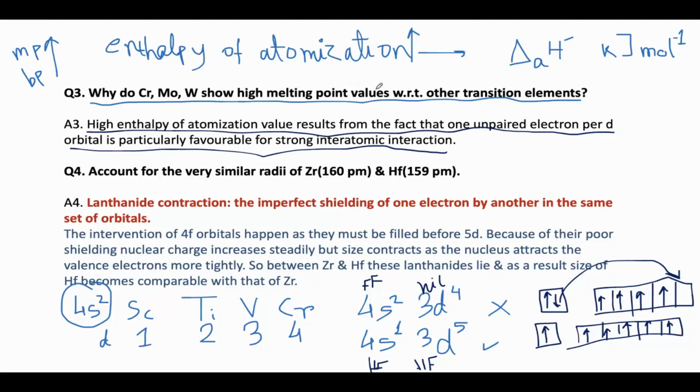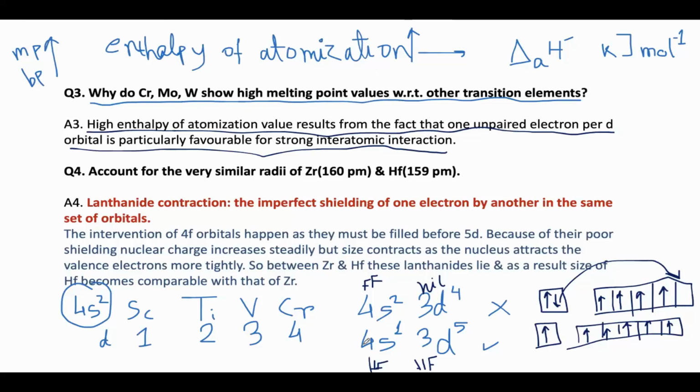So I will repeat this for you. First, we have to answer the question why they show high melting points. This melting point has some correlation with the enthalpy of atomization. Now, enthalpy of atomization is directly proportional to the interatomic interaction, and the interatomic interaction has some correlation with the number of unpaired electrons.